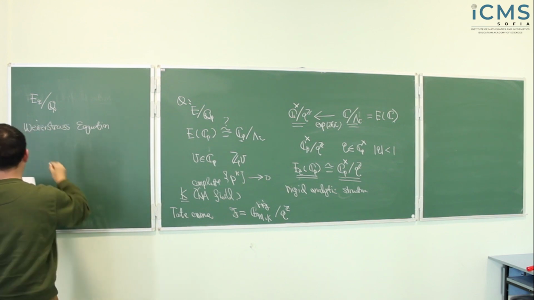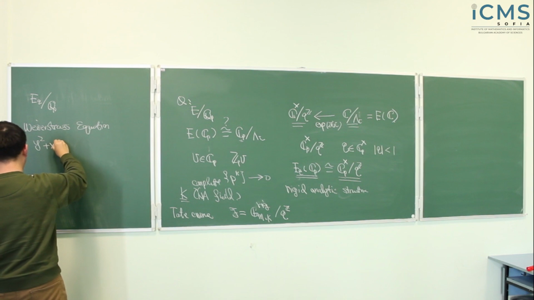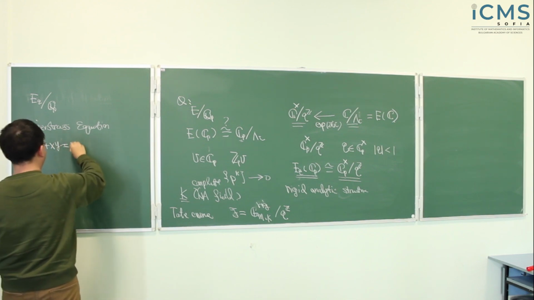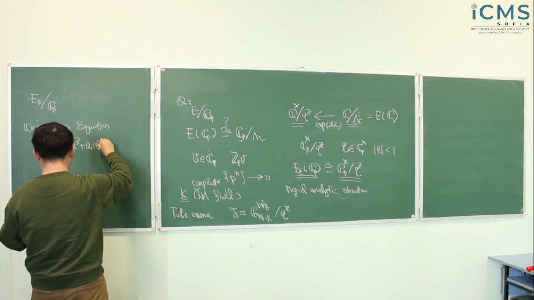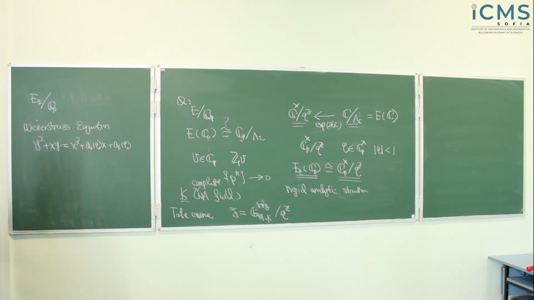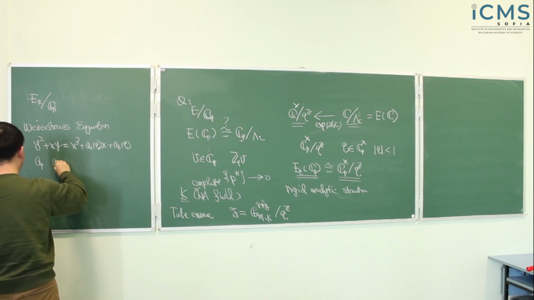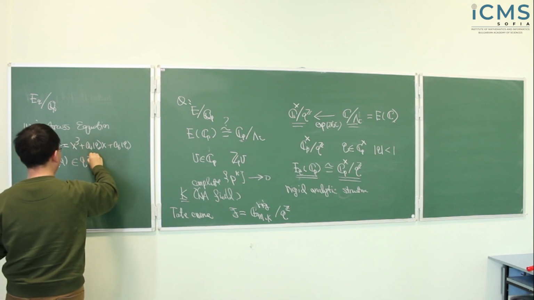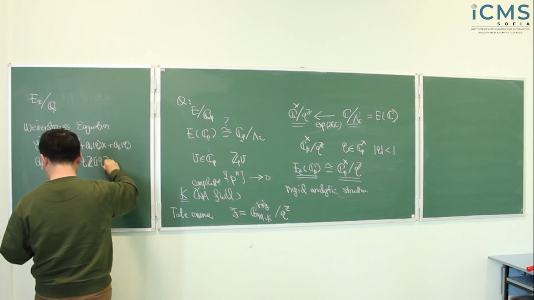Let me write the equation here: y^2 + xy = x^3 + a_4(q)x + a_6(q). The coefficients a_4(q) and a_6(q) are both located inside the ideal of formal power series generated by q.